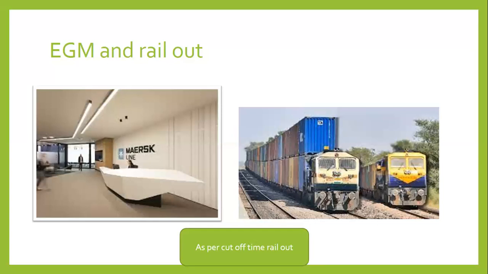There are two types of cut-off time: one for rail out and another for sail out. Rail out means that once your shipment is examined, if a train is available, the container is loaded on the upcoming train. Otherwise, for weekly trains, the container will move from the ICD to the port of loading on the next train.